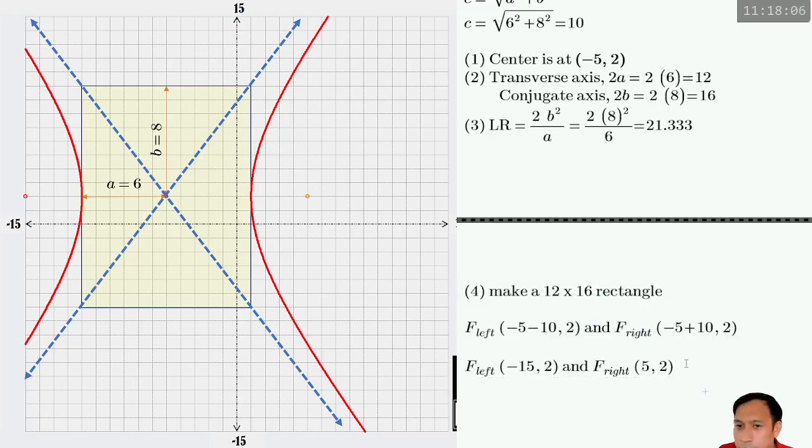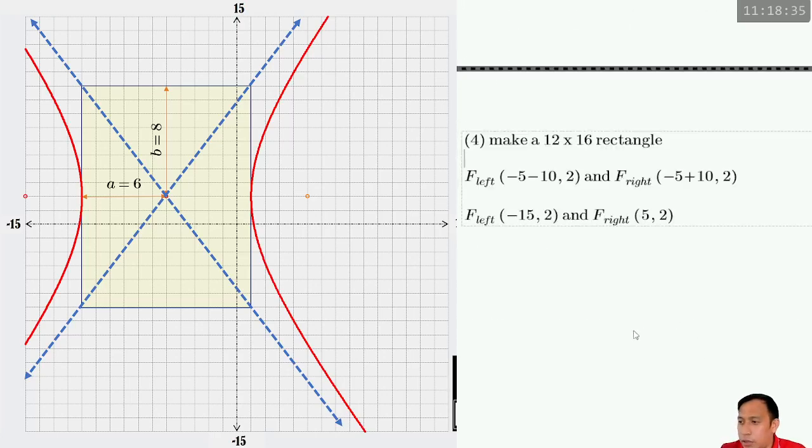Then another, yung part C nito, sir, foci, sir, is C. C is distance, no? Distance of the foci from the center. Now, ano pa yung next pinapahanap? Coordinates of the foci, eccentricity.